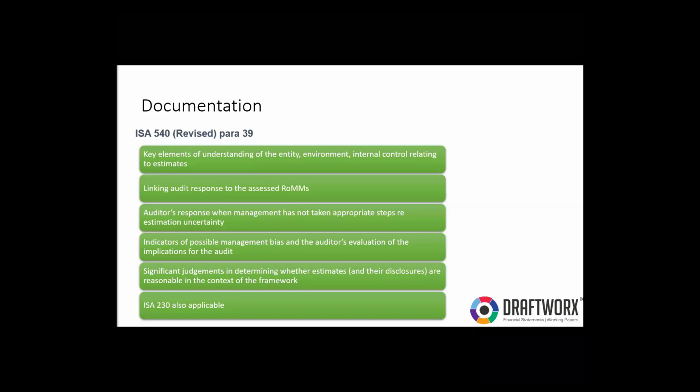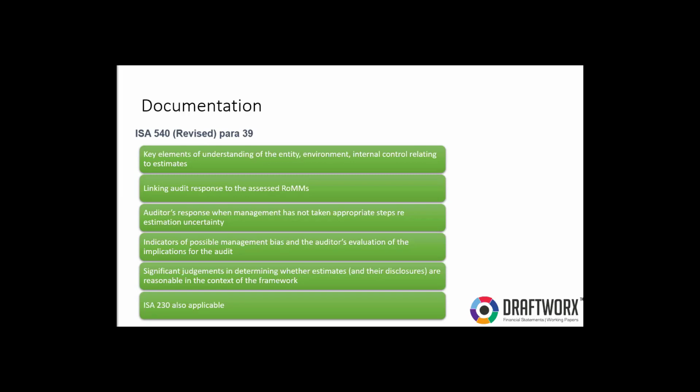And for each and every judgment involved from your side, you must evaluate whether management's judgments are appropriate, but you must say why you believe it is appropriate or why it isn't appropriate. So you must document your thought process behind your significant judgments in determining whether these estimates are reasonable, yay or nay, and whether the disclosures are reasonable, yay or nay.